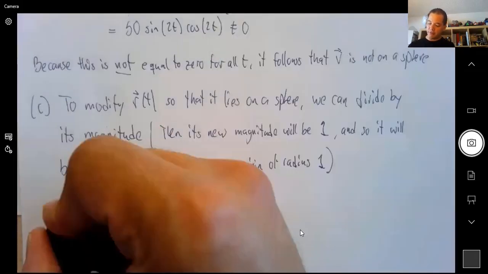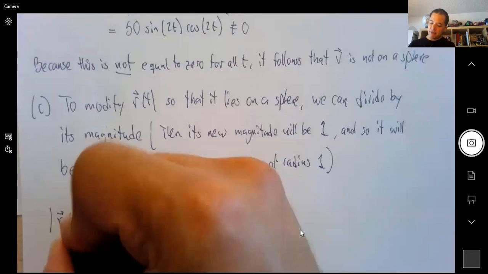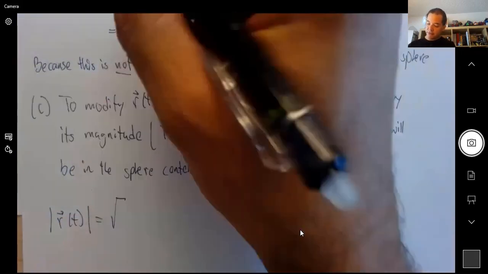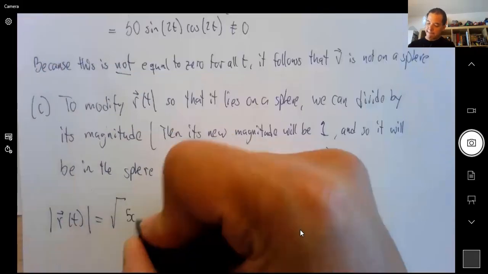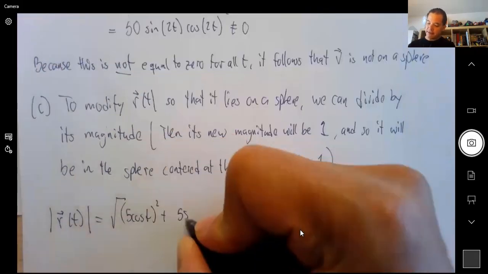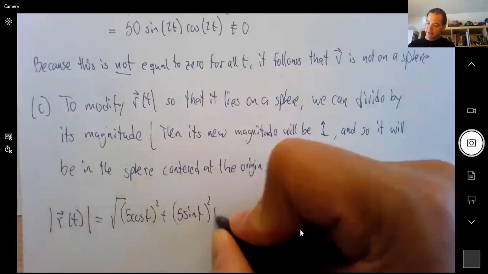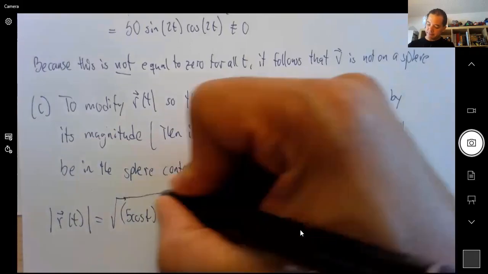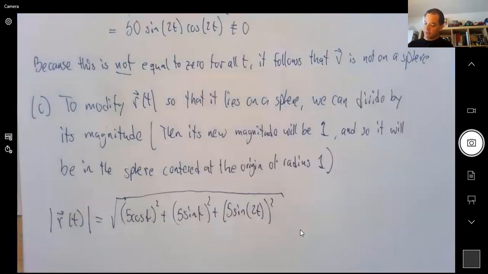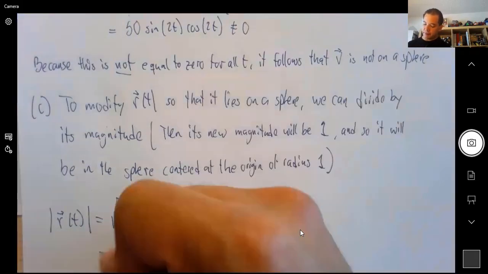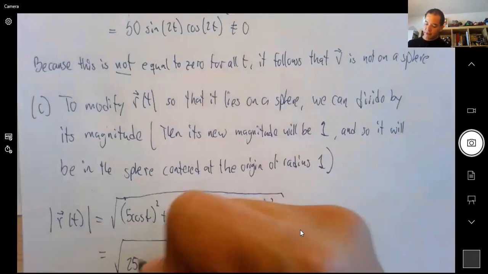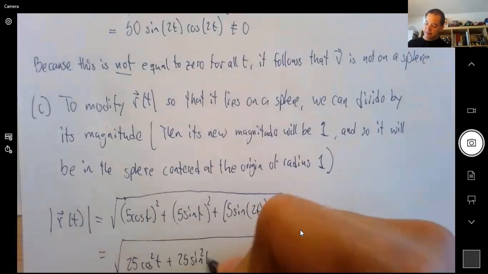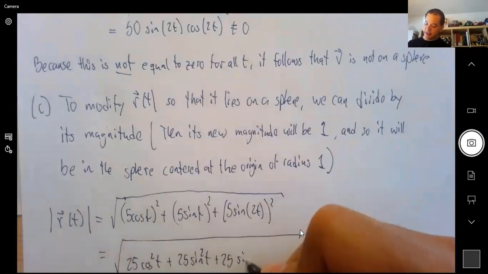So let me get the magnitude of R. The magnitude of R will be this. The square root of 5 cosine t squared plus 5 sine t squared plus 5 sine 2t squared, and that's 25 cosine squared plus 25 sine squared plus 25 sine squared of 2t.